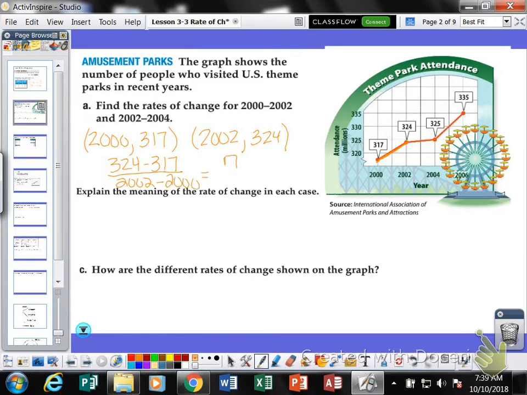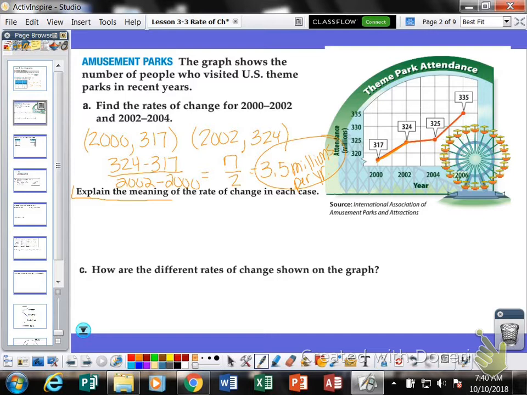And that's 7 over 2, or 3.5. 3.5 what? 3.5 million people attend per year. So not only finding an answer, but making sure that we understand that. And I'm kind of doing this question right here in with part A. I'm explaining the meaning. So the rate of change is 3.5 million people per year.